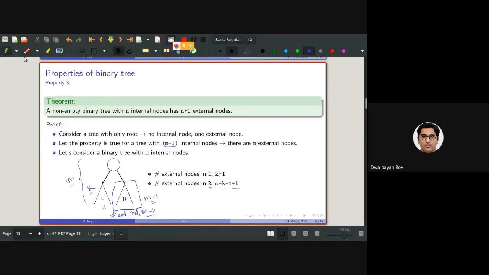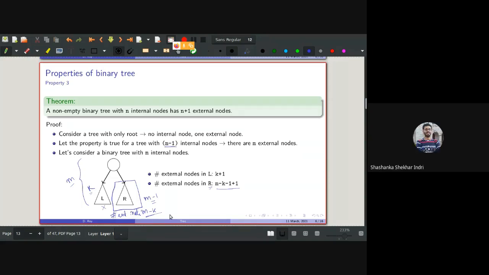So altogether there are m minus k internal nodes. Sorry, there is a mistake. Can you point it out? How many internal nodes will there be in the right subtree?